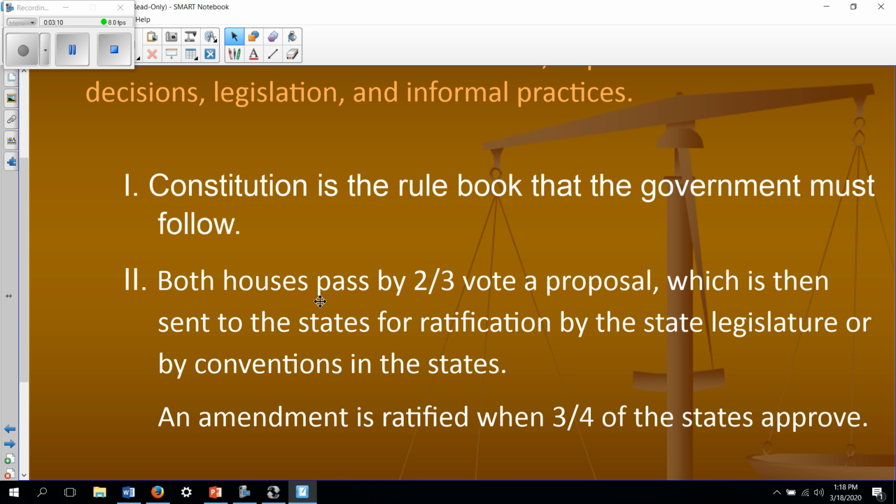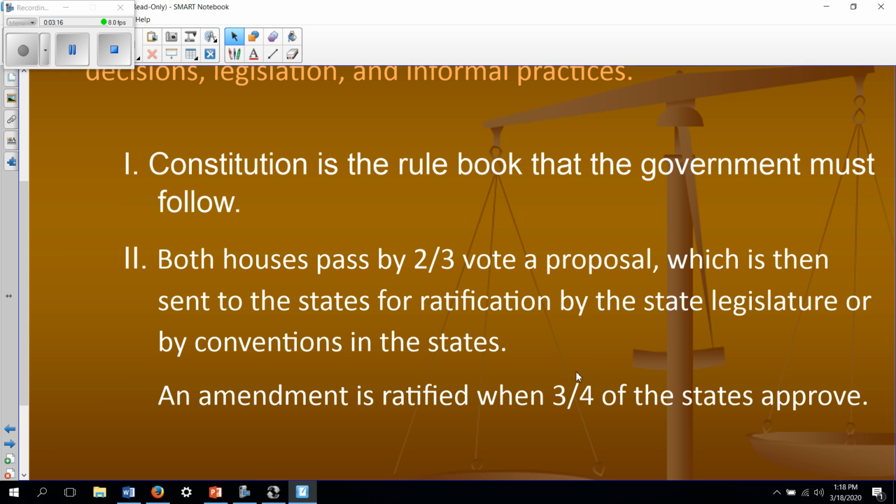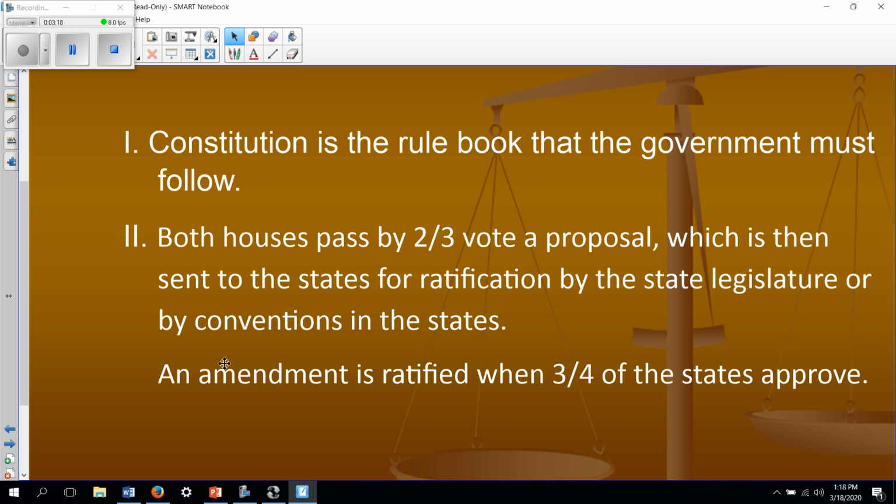An amendment is ratified when 3/4 of the states, that's 38 states, approve. If you want to put that in your notes, it wouldn't hurt: 38 states have to actually approve. So that's your second portion on your notes.